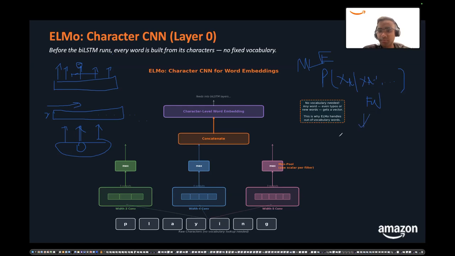And again the next one, but in case of backward looking, t given t plus 1 to the end.